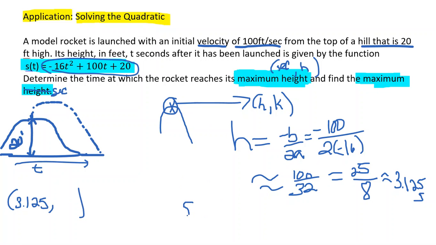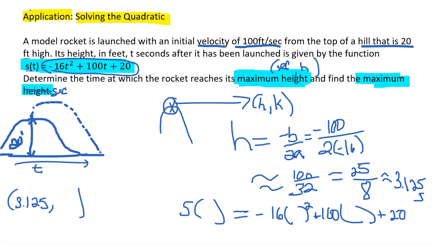Well, we have to go back to our equation, and we're going to have to plug in for t what we found. Bear with me on my writing. So now we found, so we're going to plug in 3.125 everywhere as t. All right, so now let's figure this out.